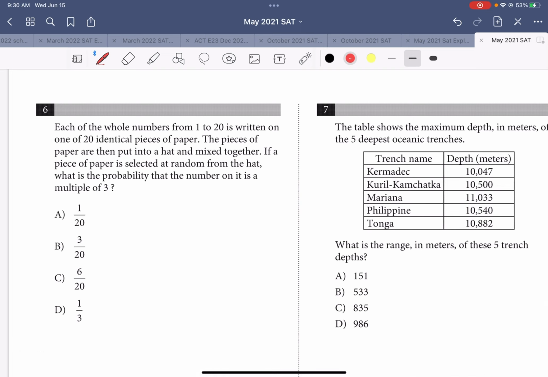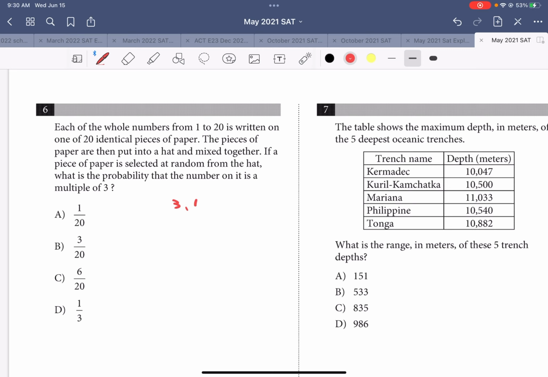Next one, number 6. Each of the whole numbers from 1 to 20 is written on one of 20 identical pieces of paper. The pieces of paper are then put into a hat and mixed together. If a piece of paper is selected at random from the hat, what is the probability that the number on it is a multiple of 3? So let's count. How many multiples of 3?